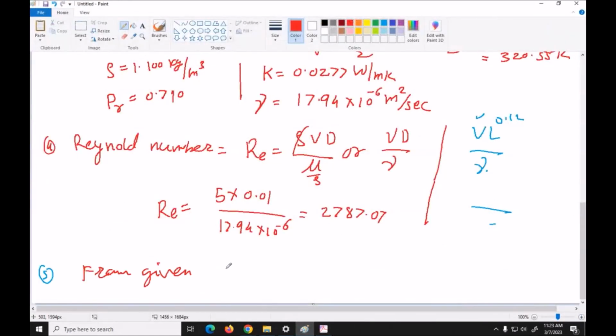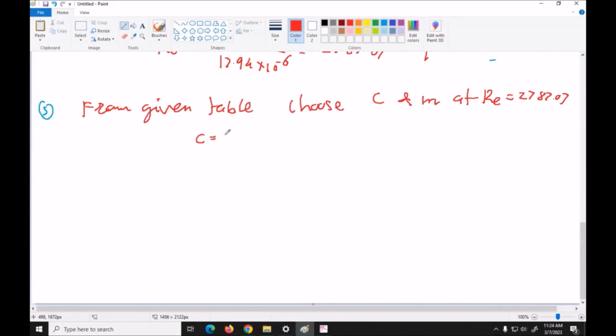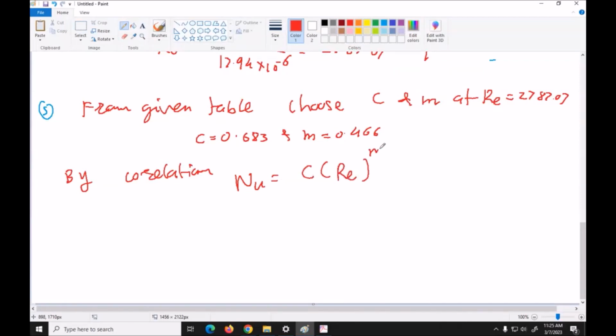From the given table, choose C and m at Re equal to 2787.07. So C is equal to 0.683 and m is equal to 0.466.